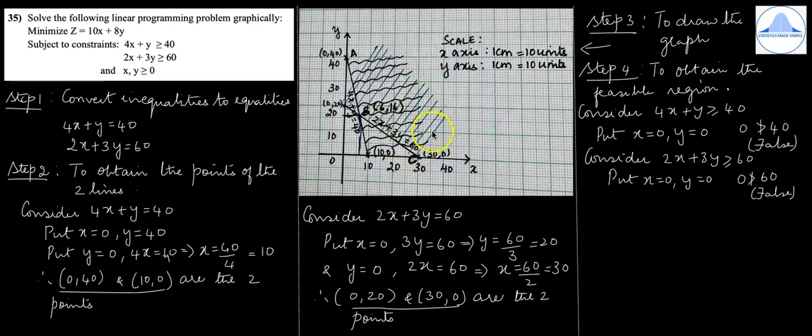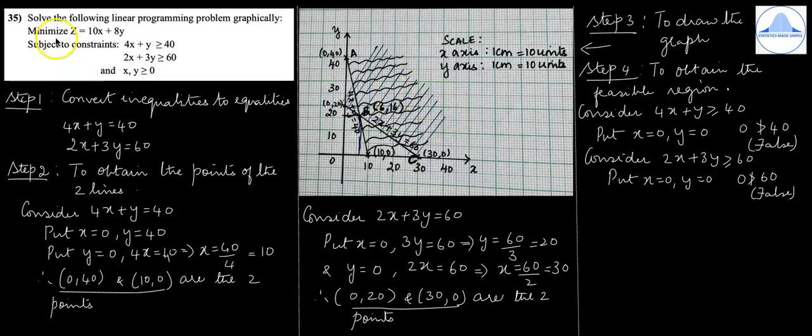So I've used blue color. Now what you should do, you have to see where both the types of shading are there. So if you take this particular area, there is no shading at all. If you take this triangle, only the zigzag lines are there. If you take this triangle, you have only the blue lines, but only this open area, it has the zigzag line as well, it has the slanting blue lines.